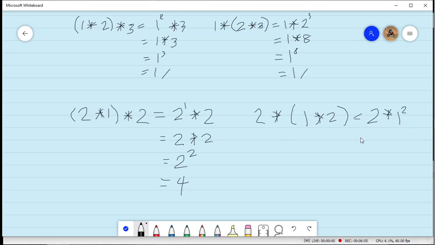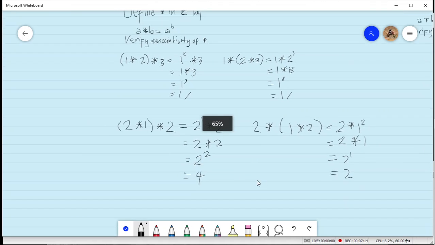But 1 squared is 1. So this will be equal to 2 operation 1. But 2 operation 1 by definition of the operation is 2 to the 1, which is equal to 2.